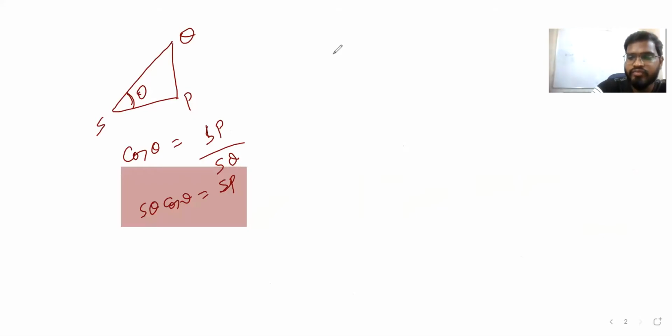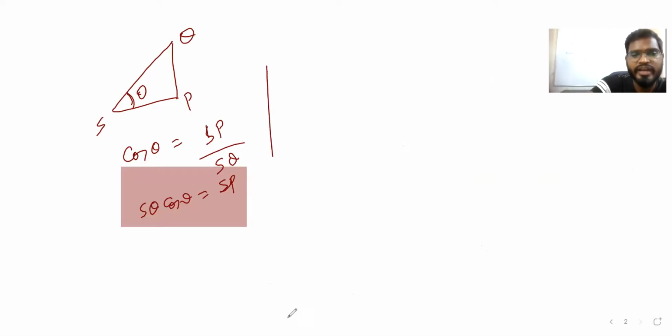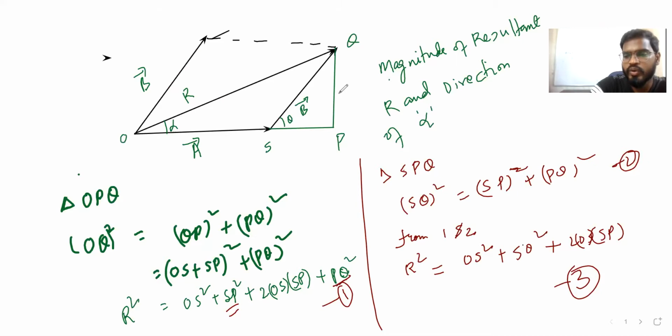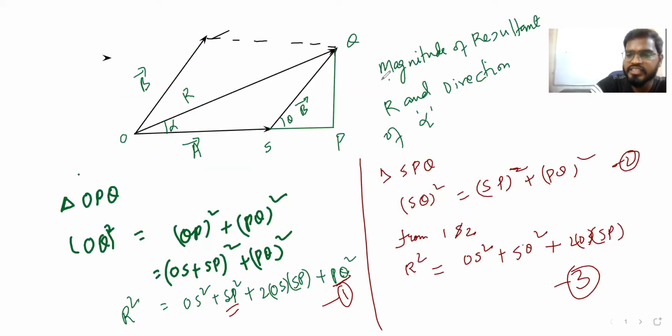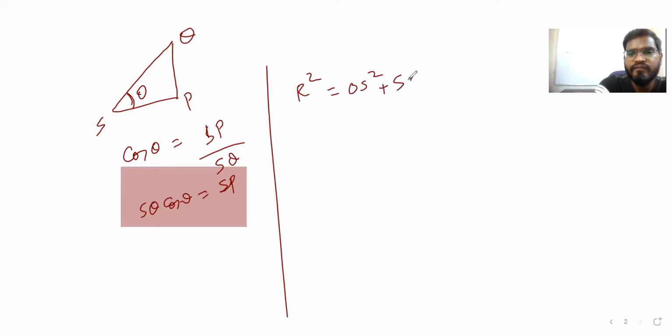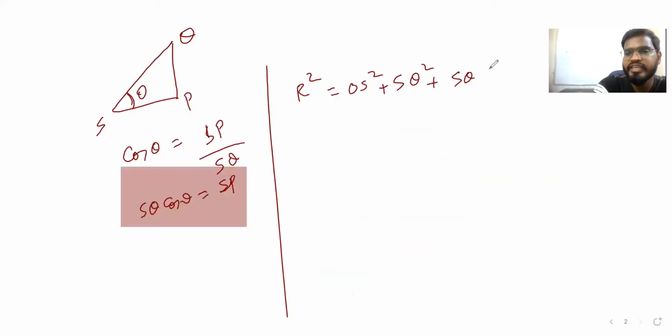So instead of this SP, we can write this thing. From the third equation, R square is equal to OS square plus SQ square plus 2 OS times SQ cos theta.